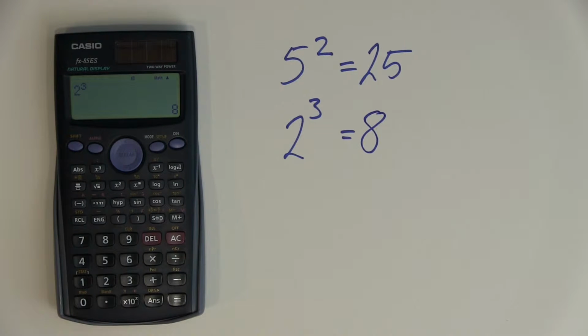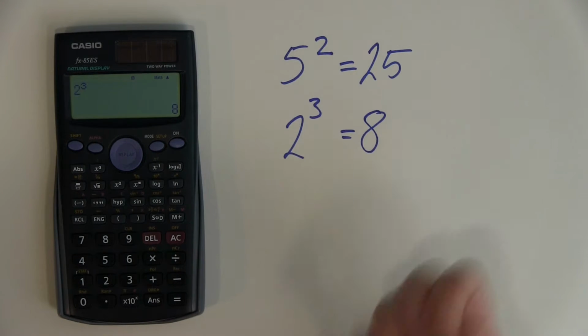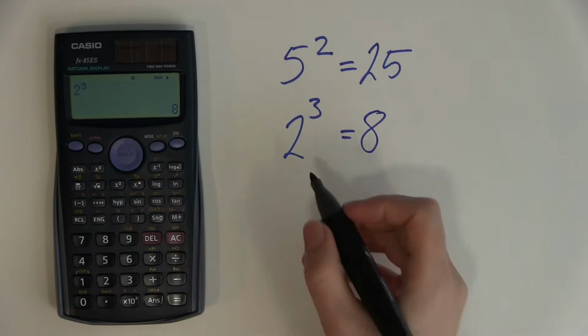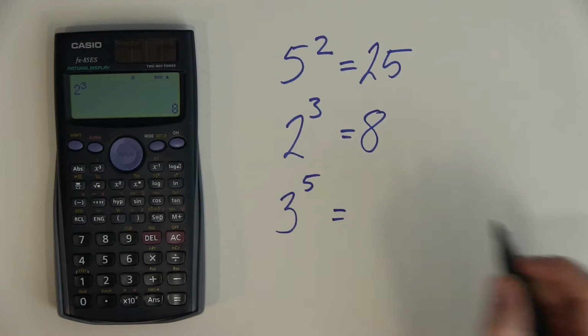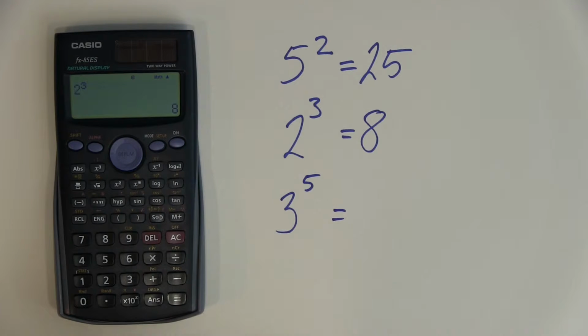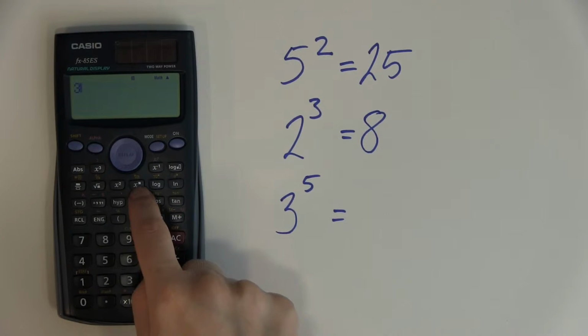Now, what happens if I wanted to type in a little bit more complicated powers? Let's say I wanted to find out what is 3 to the power of 5. So 3 is the base again, and to any power whatsoever, I can use this button.